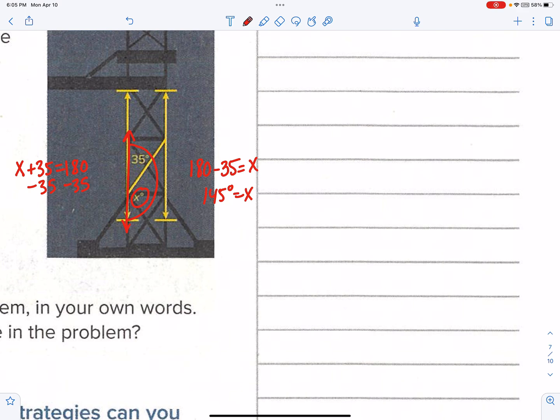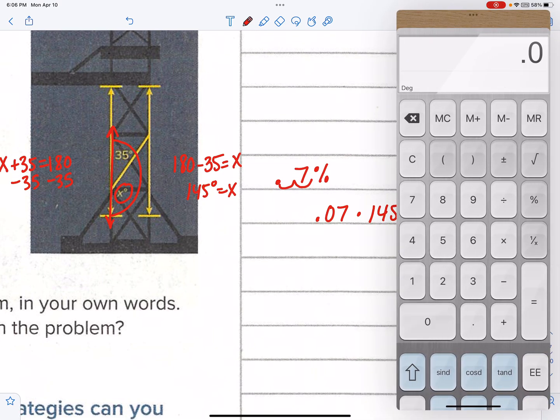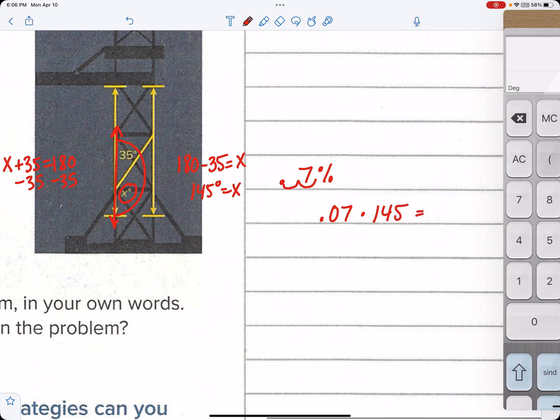So 7% less. My 7%, if I do my swoops, is 0.07 times 145. Okay, and let's figure out what this equals. 0.07 times 145. So 7% of that is 10.15.